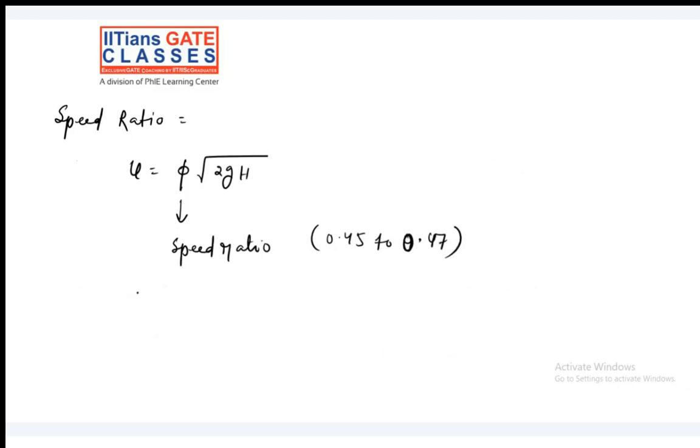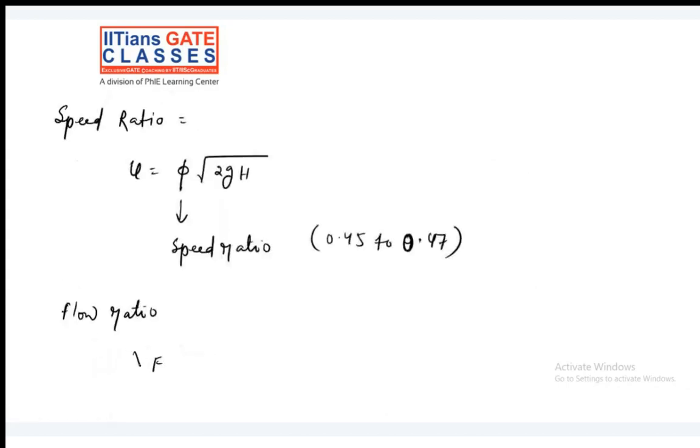Okay. And flow ratio. Similarly, I can write down my flow velocity Vf1 is Kf times square root of 2gH, and this Kf is the flow ratio.